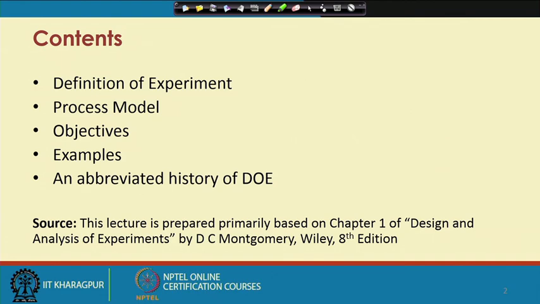Then experiments in terms of process models, where we will try to link with laboratory as well as industry based experiments. We will find out the key terminologies related to design and analysis of experiments.